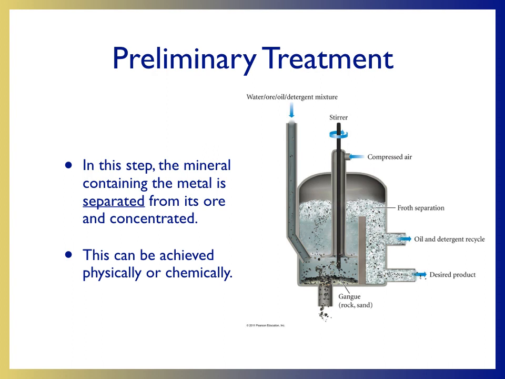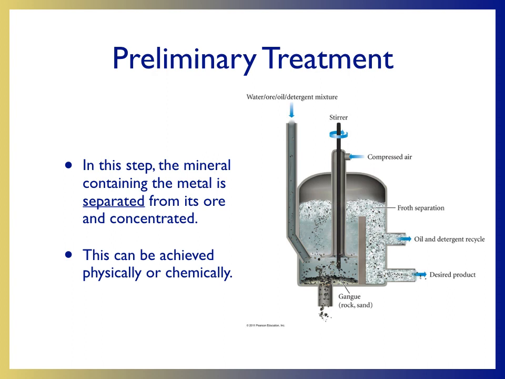The machine on the right is an example of using a physical means to separate a mineral from its ore. The ore is pulverized or crushed up and mixed with a solution of water, liquid detergent, and light oil. This mixture is then agitated so that a foam or froth forms at the top.